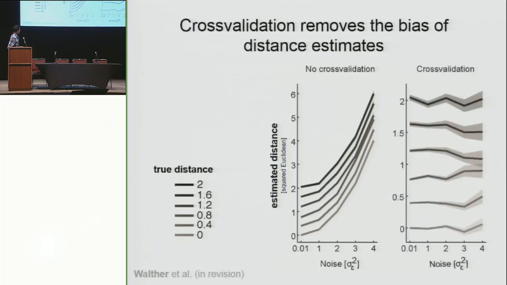When you use a cross-validated distance instead, the y-axis is scaled differently here. All the distances are now accurately estimated, and as the noise goes up, the variability gets greater, but the mean value stays the same.